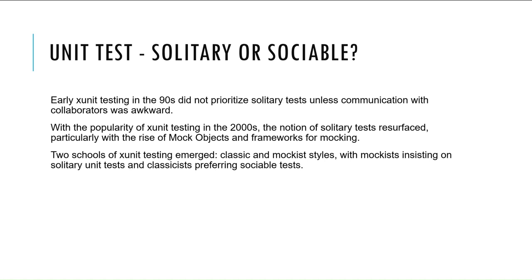Early XUnit testing in the 90s did not prioritize solitary tests unless communication with collaborators was awkward. With the popularity of XUnit testing in the 2000s, the notion of solitary test resurfaced, particularly with the rise of mock objects and frameworks for mocking.